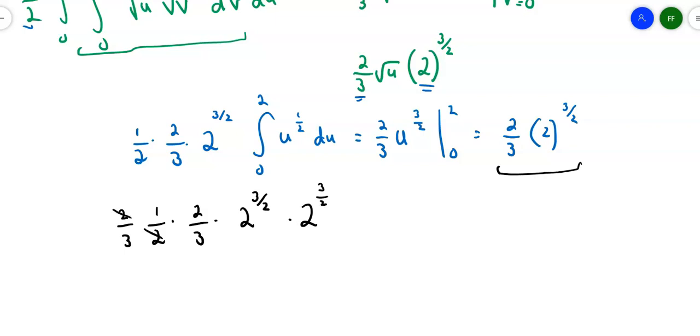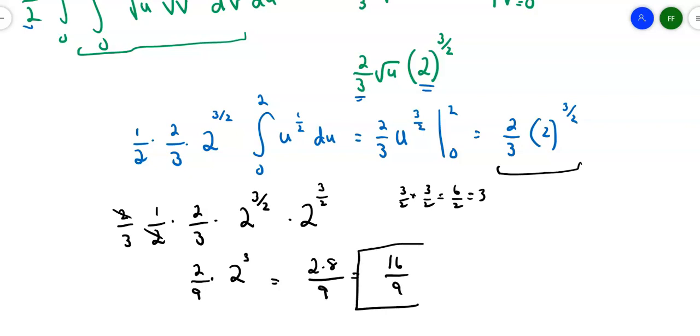Yeah, these will go away. And so I'll get a 2 over 9. Here I've got two powers that have the same base, so add exponents. 3/2 plus 3/2 is 6/2, which is 3. All right, keep going. 2 to the third is 8, so I get 2 times 8 over 9, 16 over 9. And there's my answer.